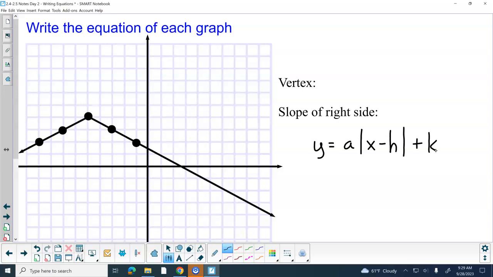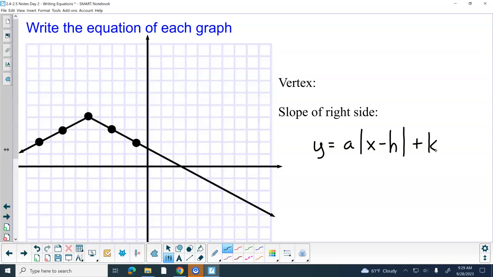Which one? It's not both of them. Well, A's are. A is the slope of the right side from the vertex, right? Opposite A is the left side slope then, right? Yep, which is different than A. Okay? And then we said something yesterday when we were graphing about H and K.